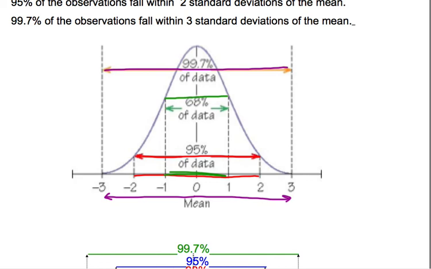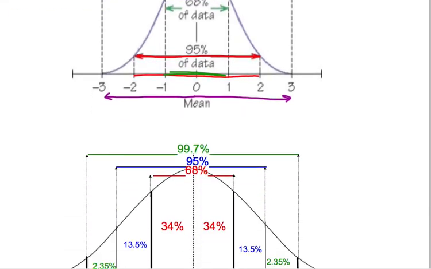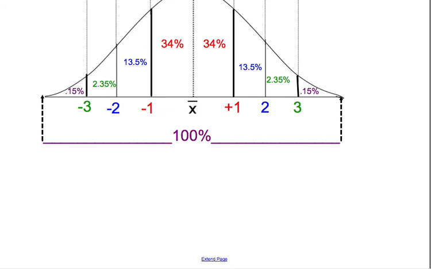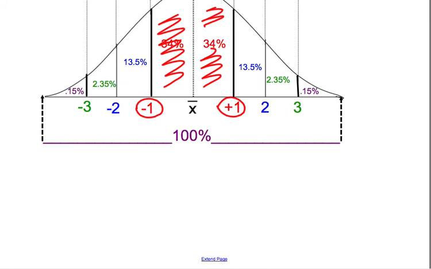So if you look below here, this is the thing we're going to focus on, these percentages. And you're going to see this throughout our examples. So when you're at plus 1 standard deviation or minus 1 standard deviation, anything that falls in this category here or in this category here would be 34% of the data.